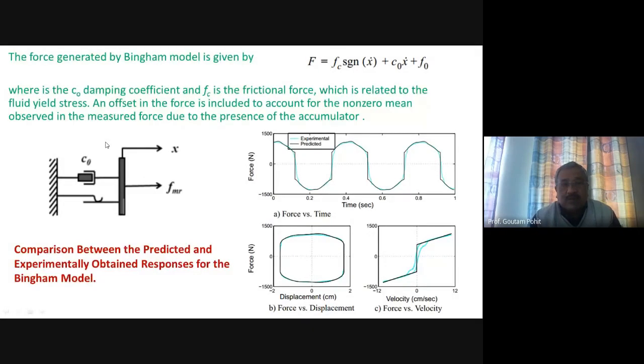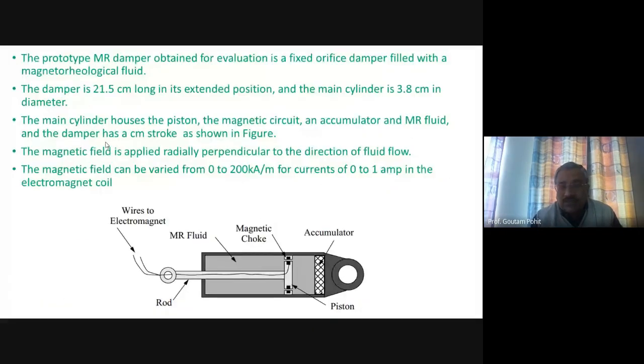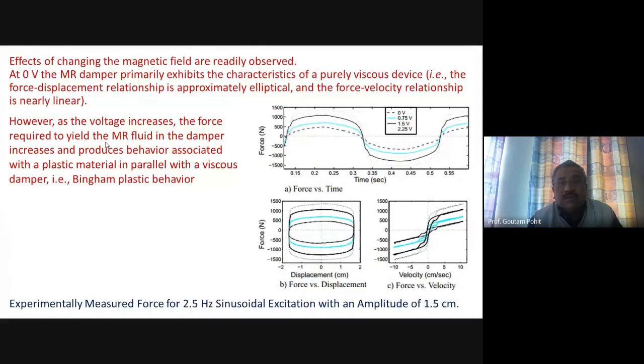This is the accumulator. Due to the accumulator, actually there is a non-zero value. See, this is a zero value. Okay, so a non-zero value will be observed.